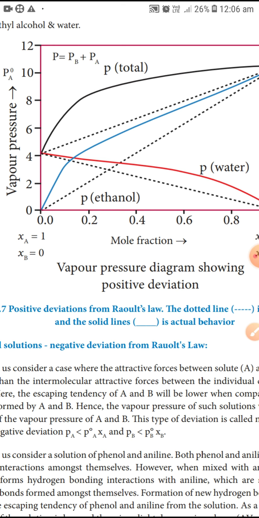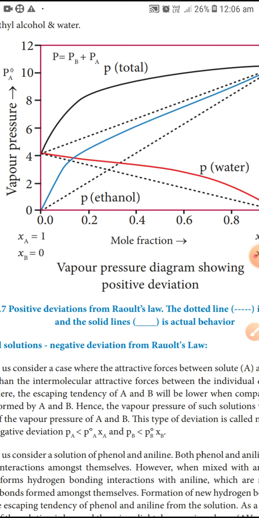Example for negative deviation, phenol and aniline. Example for positive deviation, ethyl alcohol and water.